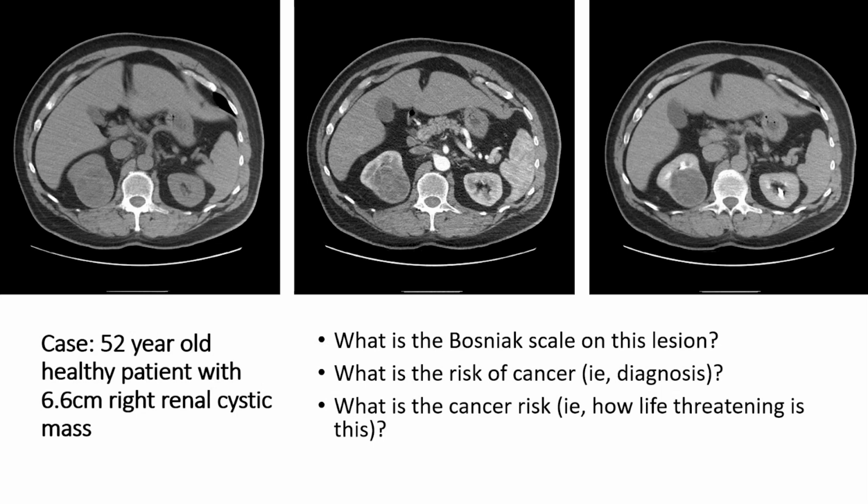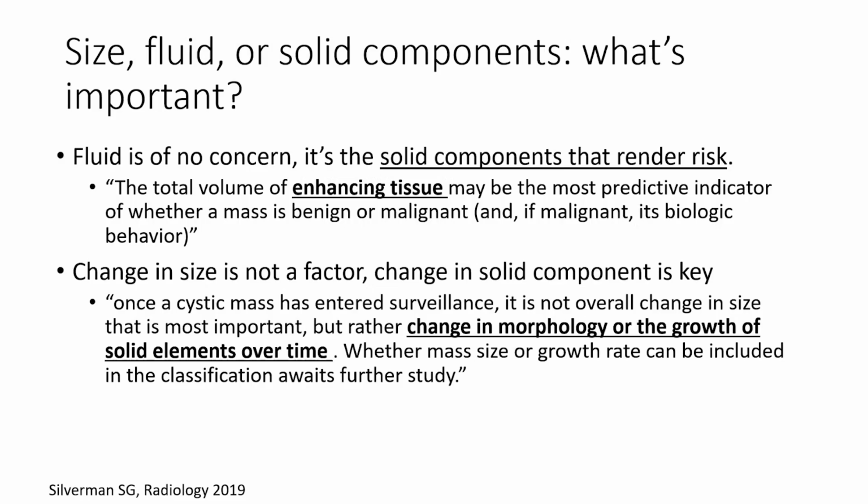And then the other thing as we monitor these is not so much it growing because there's water accumulating in it, it's the change in that tissue component. So it may not change in size at all, but if that tissue component suddenly is filling it up, that's more of a concern. And the one thing that's important to point out, and thankfully finally the radiologists caught on with this, in 2019 when they published an update for this, because what they said was, yes, Bosniak 3 and 4 is 50 to 90% chance of cancer, alarm bells.